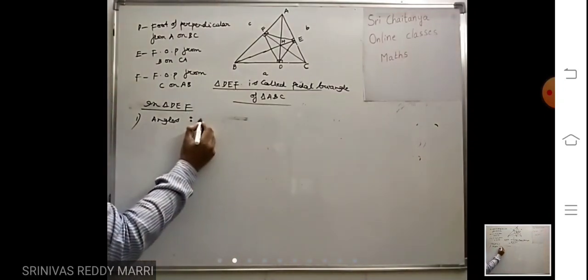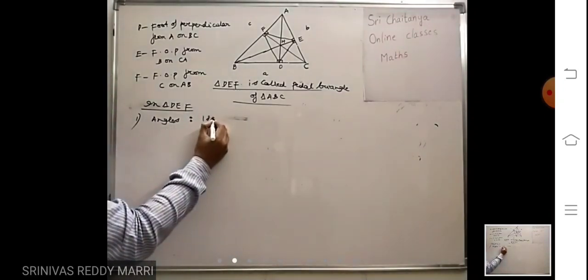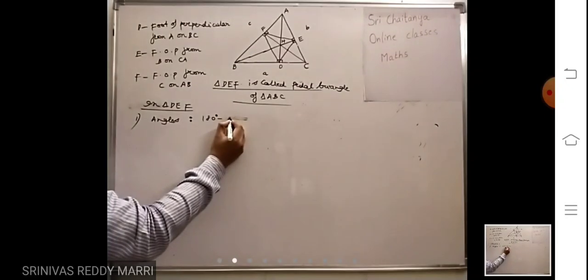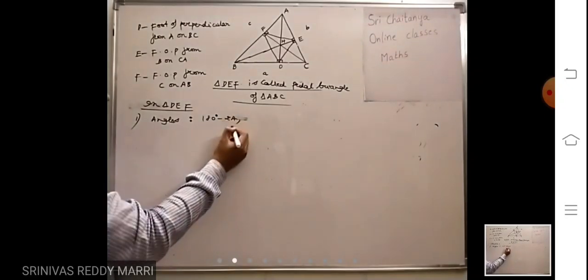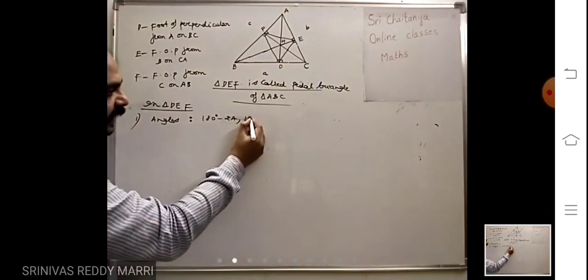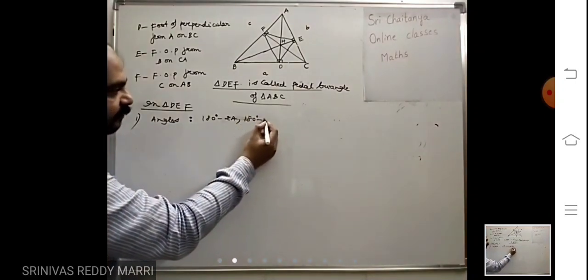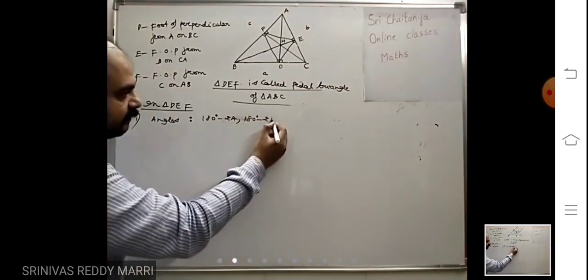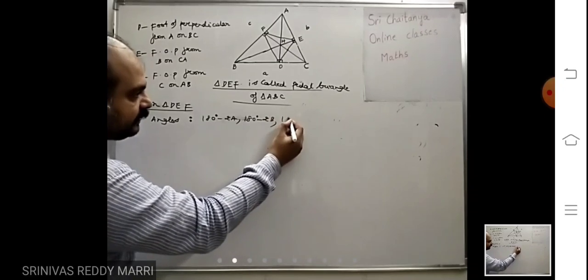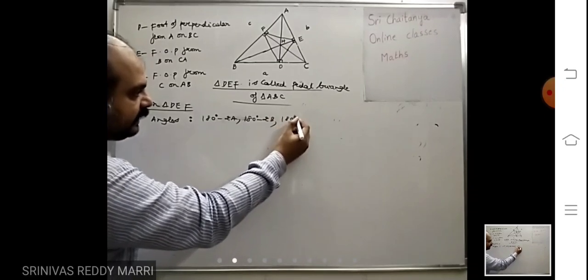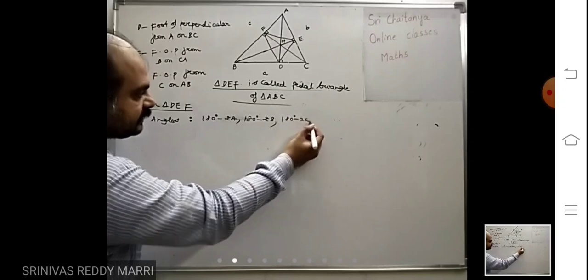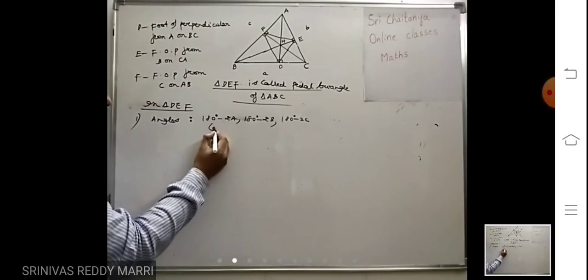Angles will be like this. I will tell the proof. One by one, I will list the formula and I will tell the proof. Angles are 180 minus 2A, 180 minus 2B, 180 degree minus 2C. So this angle is at D.